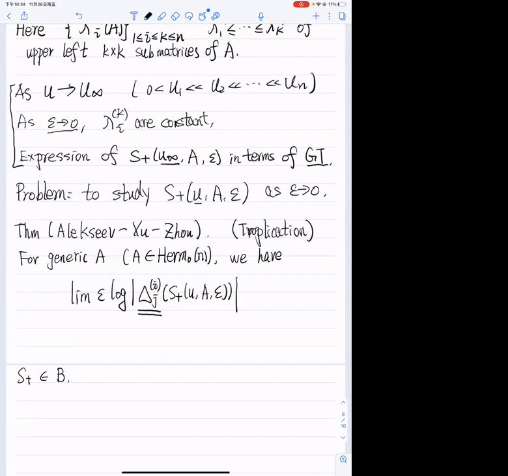Instead of entry coordinates, we take some cluster or minor coordinates on n by n upper triangular matrices.